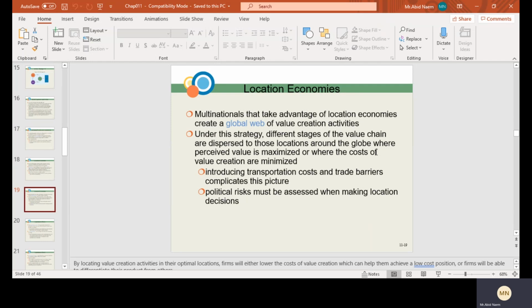Under this strategy, different stages of the value creation are dispersed to those locations around the globe where perceived value is maximized or where the cost of value creation is minimized. Introducing transportation costs and trade barriers complicates this picture, and political risk must be assessed when making location specific decisions.